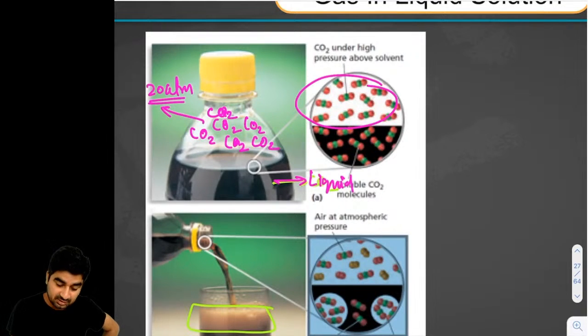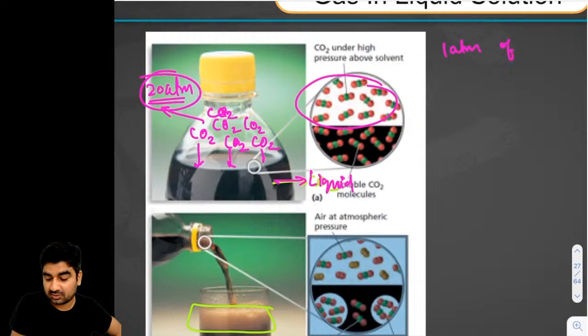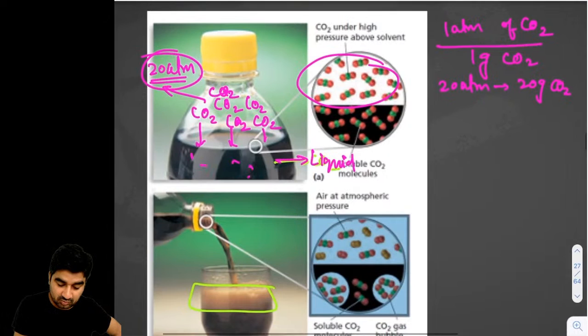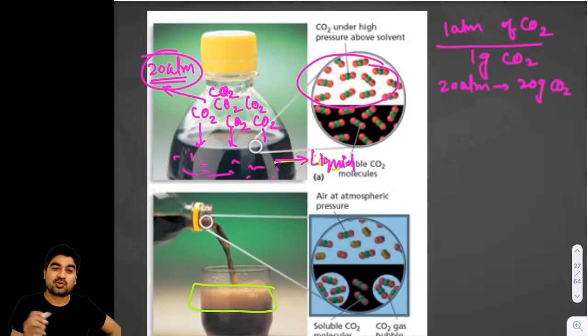So if I'm taking this CO2 gas, more and more CO2 gas will dissolve if pressure is high. Suppose at 1 atm of CO2 pressure, we can dissolve 1 gram. So at 20 atm, I have dissolved 20 gram CO2. Suppose 20 gram CO2 is dissolved in this bottle. So what will happen now?